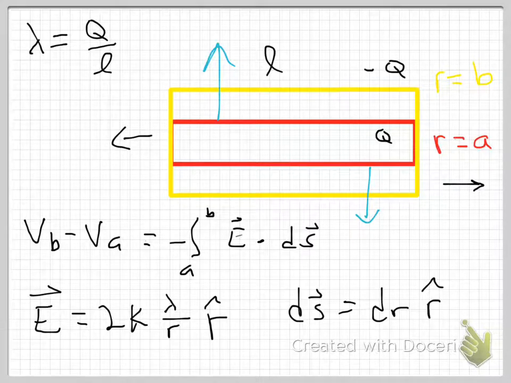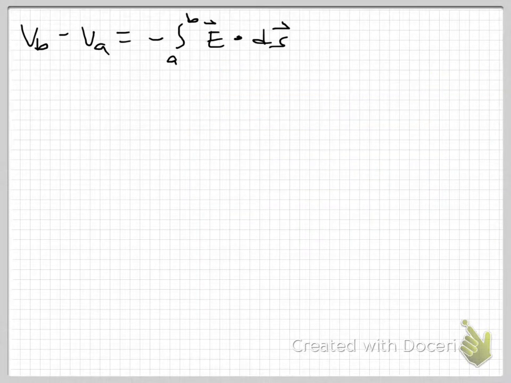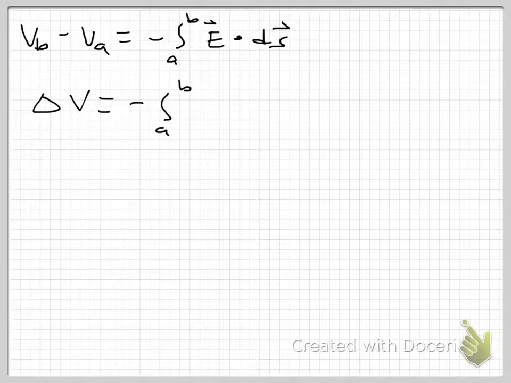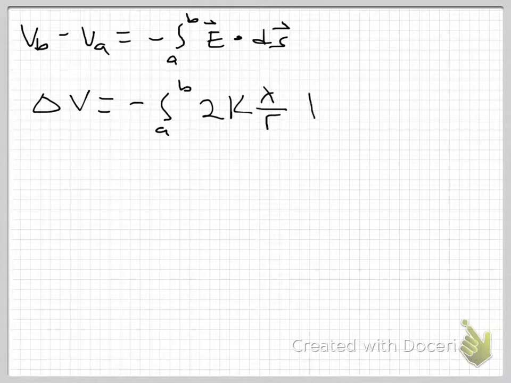And if I plug all that into my equation over here, I get that delta V is equal to minus the integral from A to B of 2k lambda over r dr. I've already taken care of the dot product. I'm just left with a scalar.